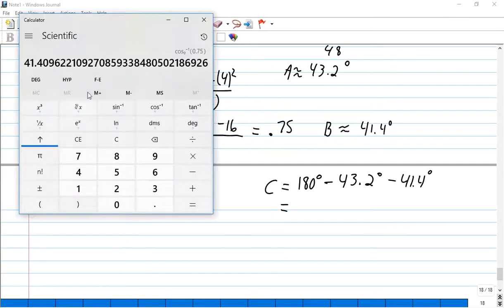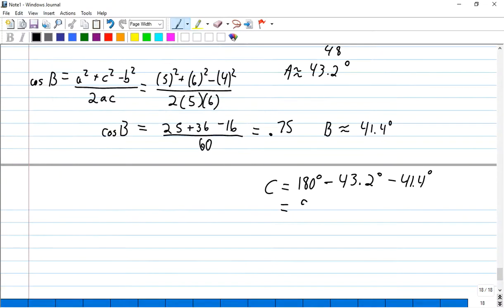I'm going to do that in the calculator. That tells us that angle C must be 95.4 degrees.